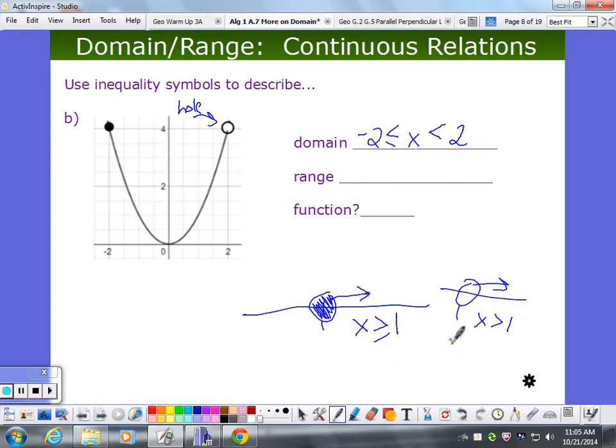Why? Because it's just not part of the graph. There is no value here. If for input 2 I don't have an output, it's not part of the domain, right? So how do I say don't include it?